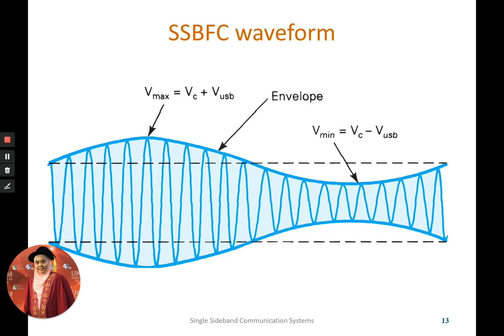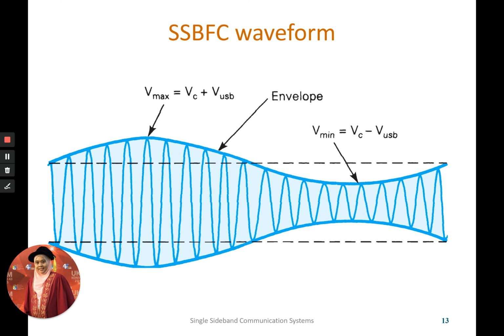Okay. So this is the shape of the waveform, or the envelope, of the SSB full carrier. It is a little bit different from the double sideband envelope that we learned in chapter 4. For the SSB-FC, it still looks like an envelope, but the maximum and minimum peaks on the waveform are slightly smaller than the envelope in the double sideband system.